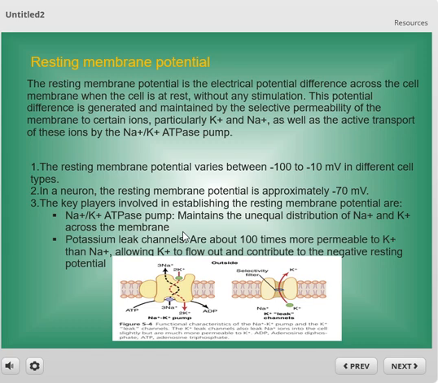In the resting membrane potential these channels are open, so the potassium as a cation flows out from inside to outside of the cells. So this action causes the inside to be negative compared to the outside of the cells.